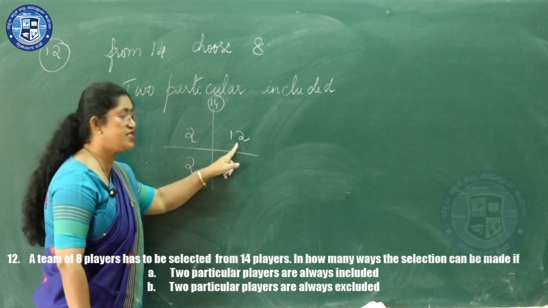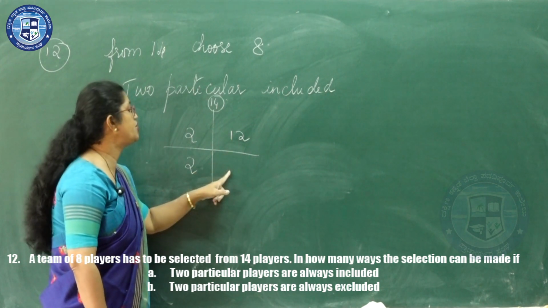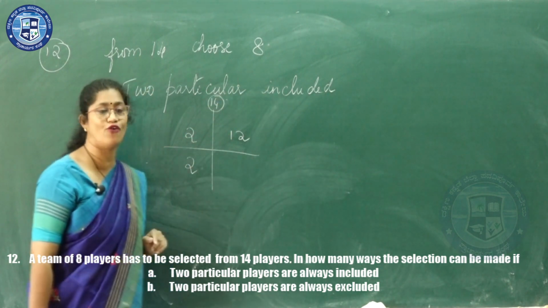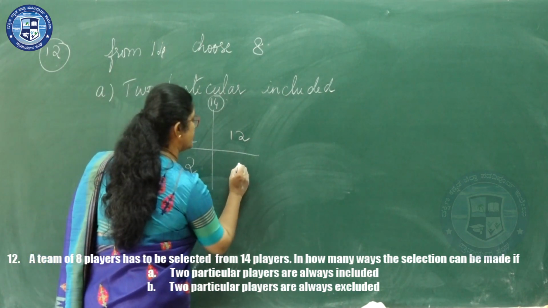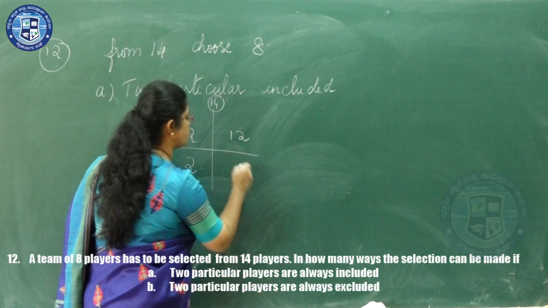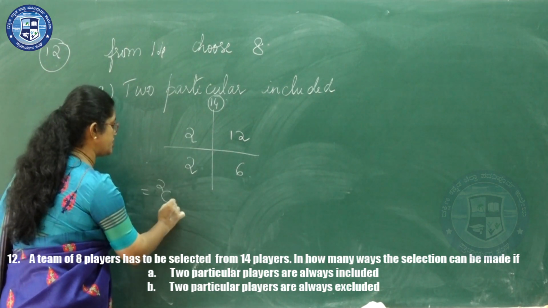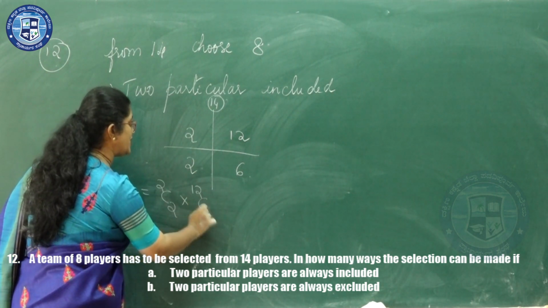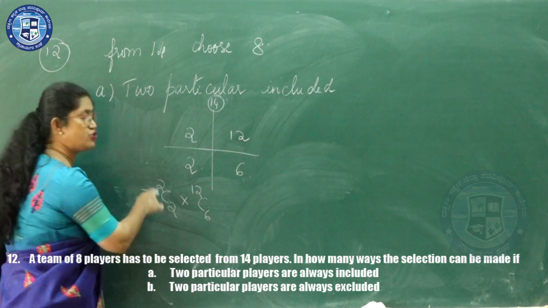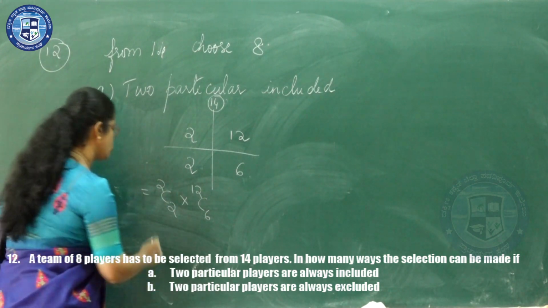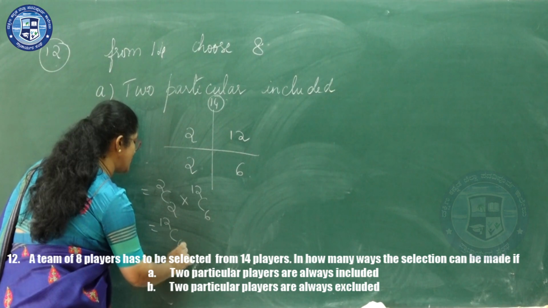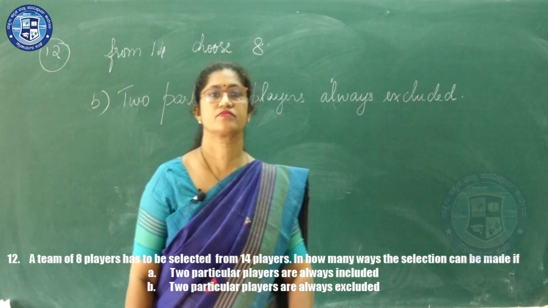Now from the other group, I need to get 6 more to make it a total of 8. So this is 2C2 into 12C6. 2C2 you know is 1. So this will be equal to 12C6.